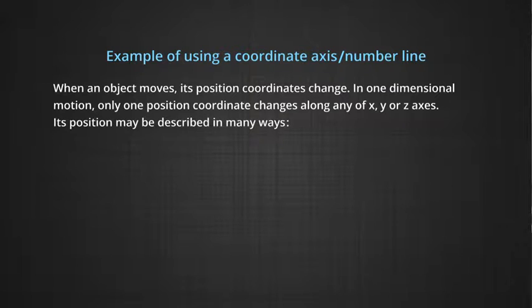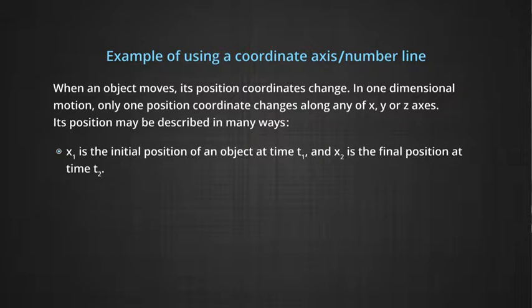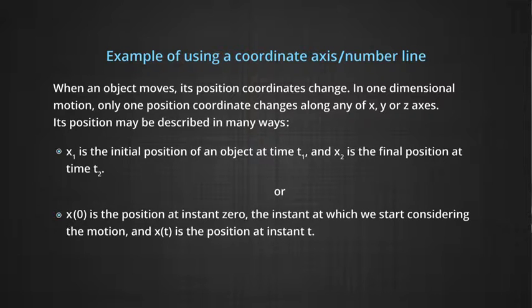When an object moves, its position coordinates change. In one-dimensional motion, only one position coordinate changes along any of the x, y or z axis. The position may be described in many ways. If x1 is the initial position of an object at time t1 and x2 is the final position at time t2, or we can say x0 is the position at instant 0, which is when we start considering the motion, and xt the position at instant t.